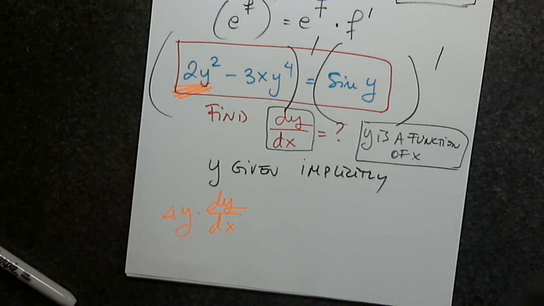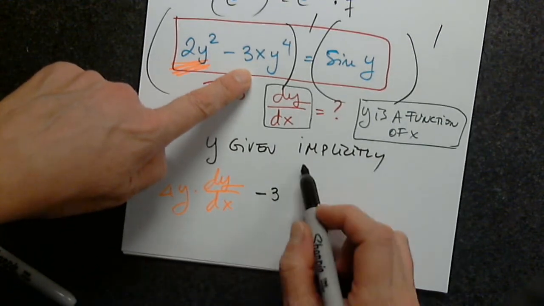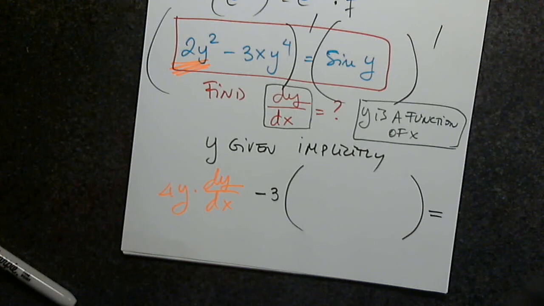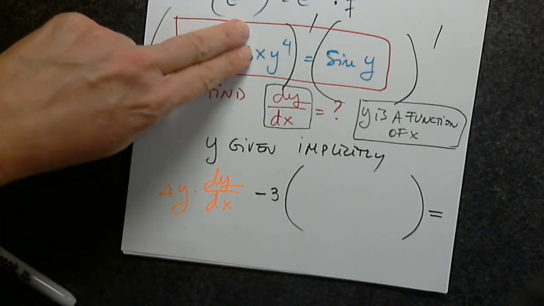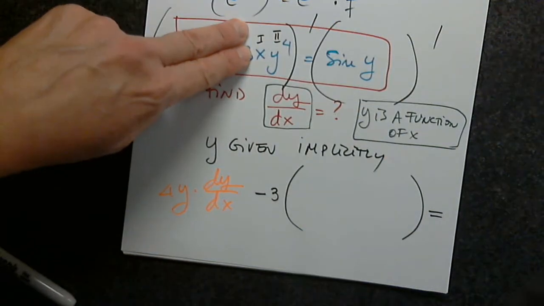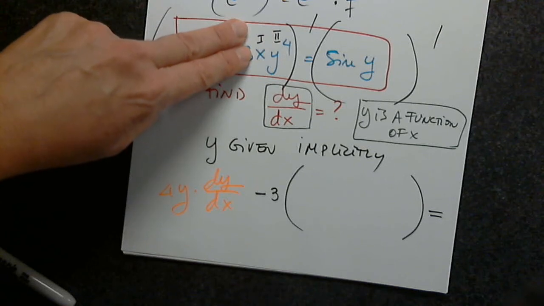Now I am looking at the product. So I'm going to copy -3 and I'm going to work on x, y to the 4th. Leave the constant outside. Don't bother with it. This is function number 1 and this is function number 2. I differentiate function number 1, which is x.